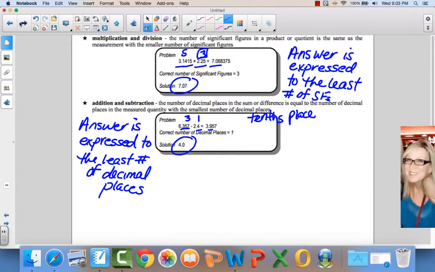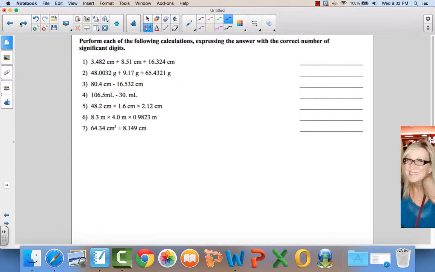Alright, let's do some practice. So this is addition. So I've got 3 decimal places, 2 decimal places, 3 decimal places. So my answer can only have 2 decimal places.